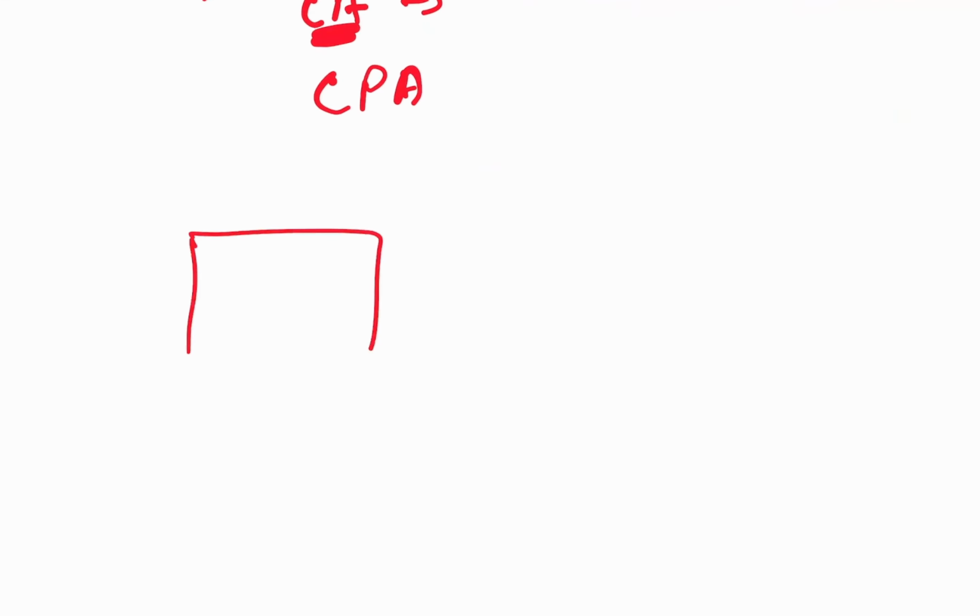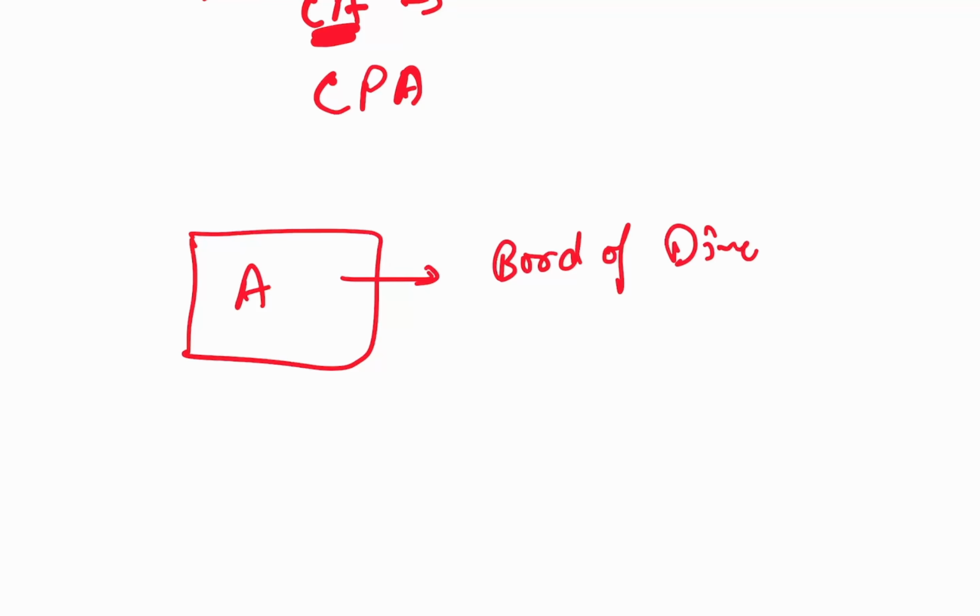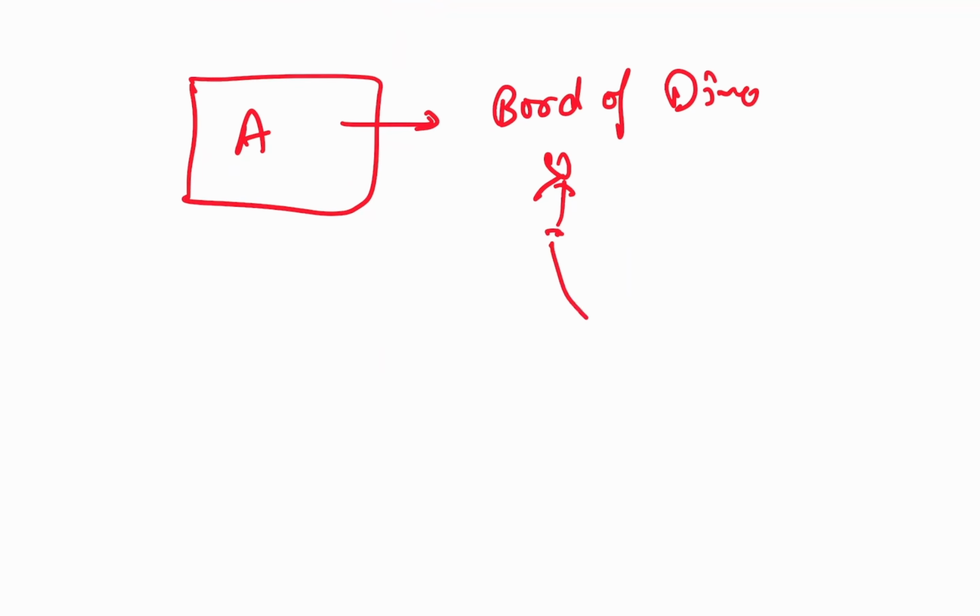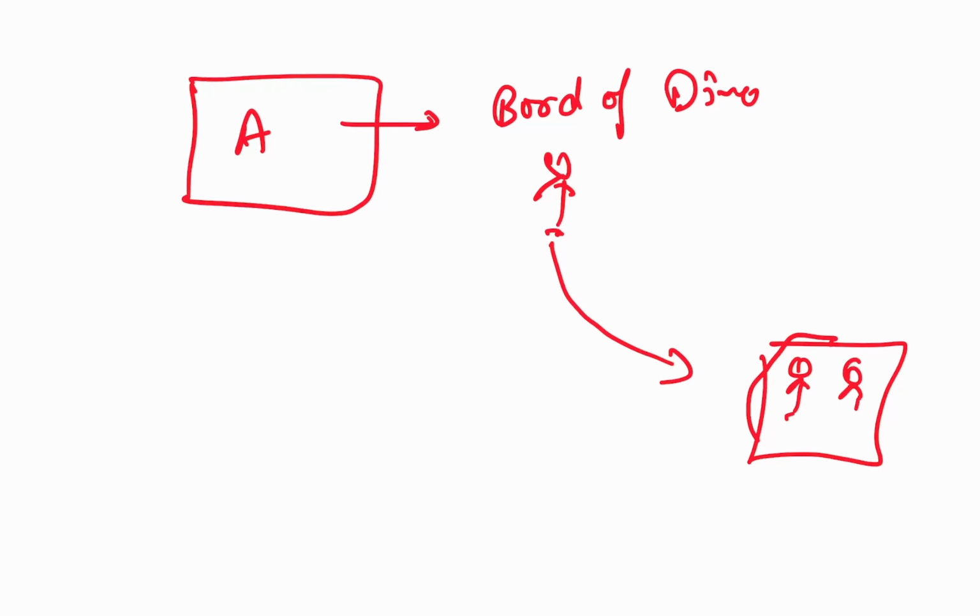See, this is company A. And this is the board of directors of this company. So now he will visit some CA firm, and there are many CAs. The board of directors will say that you will audit my company.